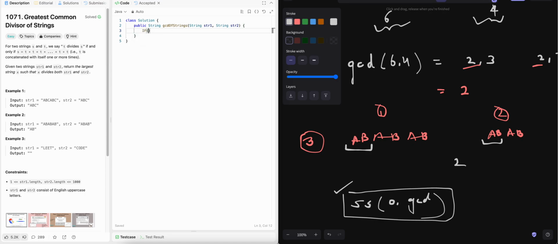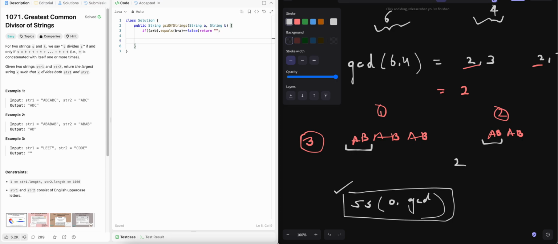So in the problem, we have been given str1 and str2. Let's change them to a and b for simplicity. If a plus b, the first condition that we discussed, is equal to b plus a, and if it is false, then we simply return that there is no solution existing.